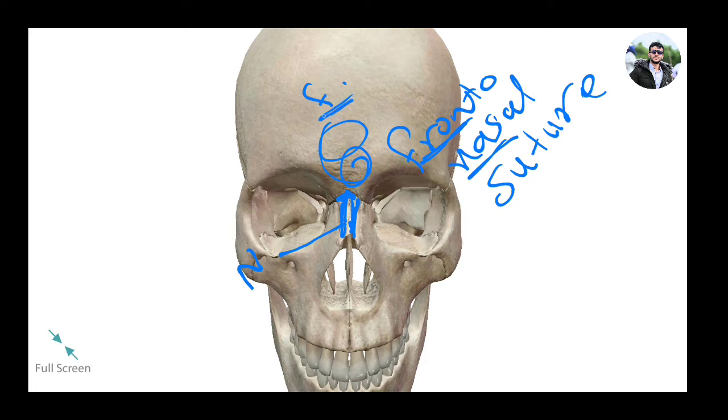So we said frontonasal suture. If anyone asks you what the frontonasal suture is, you will answer that it is a suture which connects the frontal bone to the nasal bone.